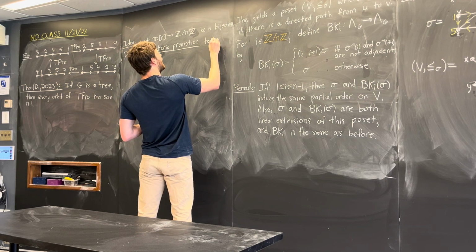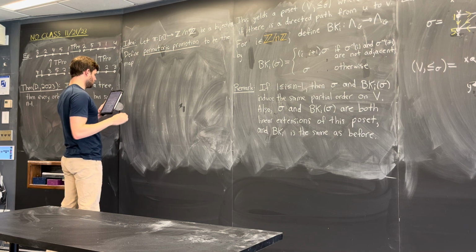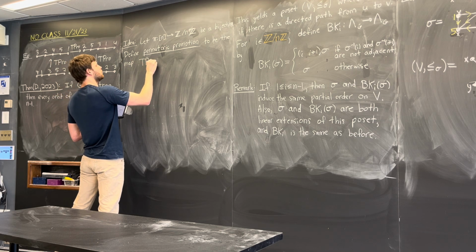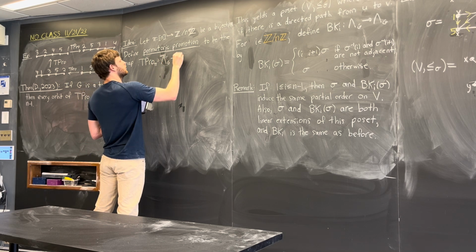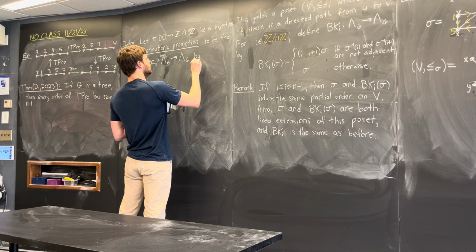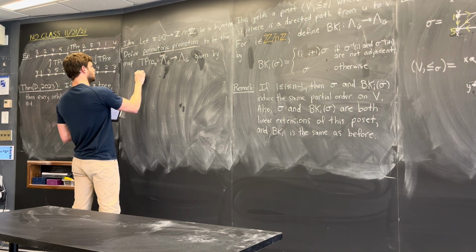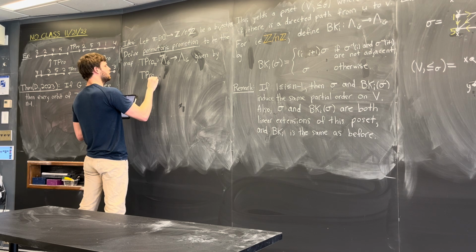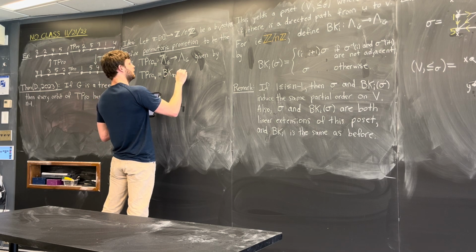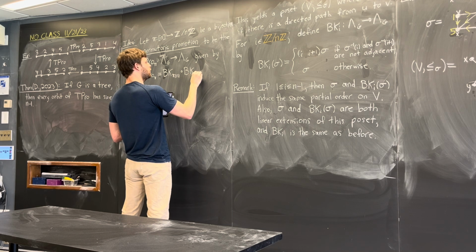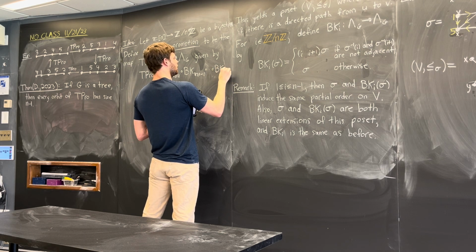So this is the map. It's going to be a map that I'll call T pro sub pi, and it goes from the set of labelings of G to the set of labelings of G, and it's just given by T pro sub pi is bk sub pi of n, and then pi of n minus 1, and so on.